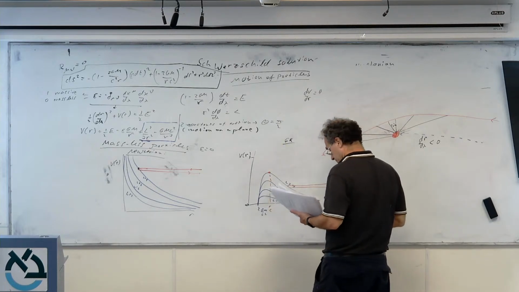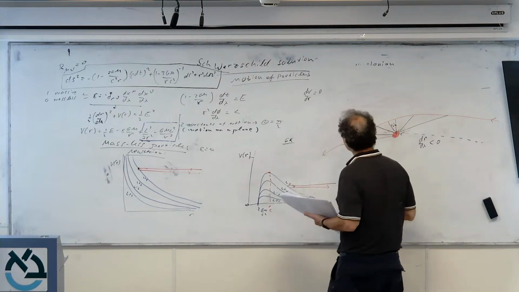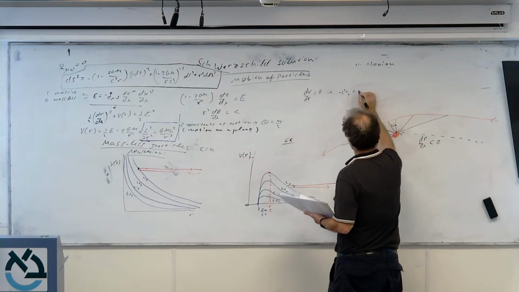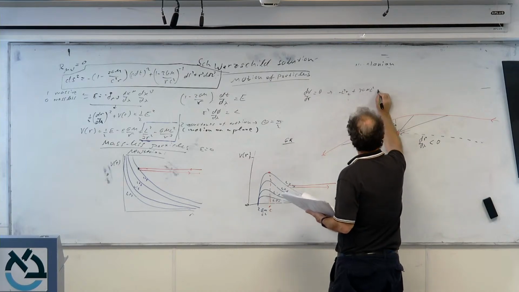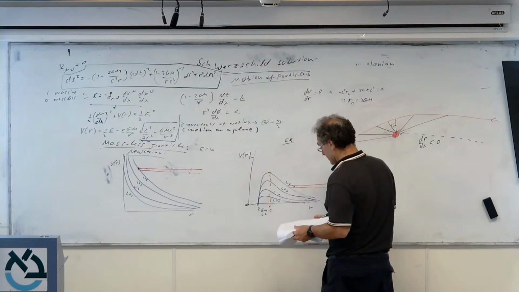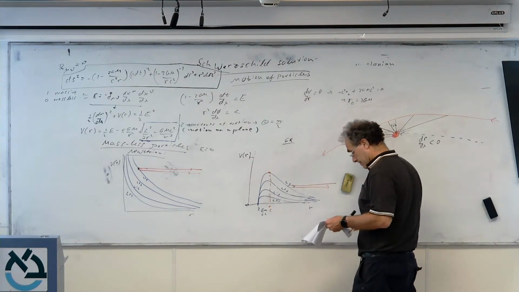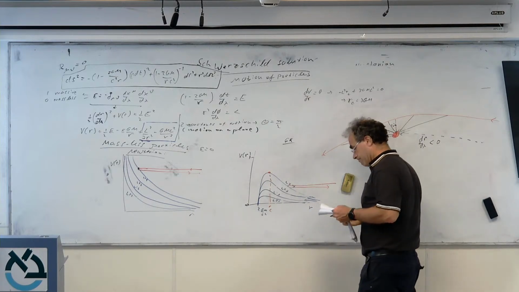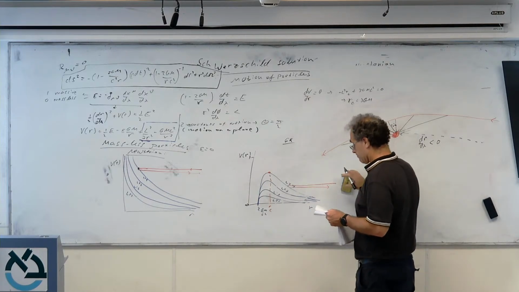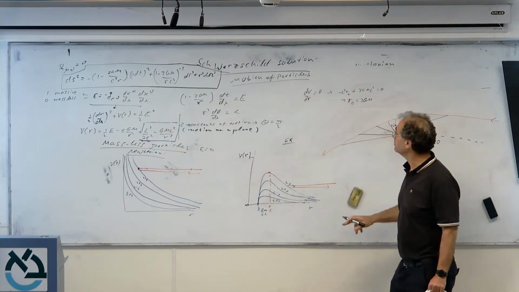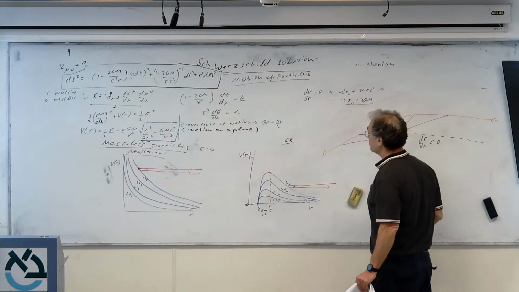So we have minus L squared R_C plus 3GM L squared is equal to 0, which means that R_C is 3GM. This is true for every L, so this part is already misleading. R_C is 3GM, which is true for every L.